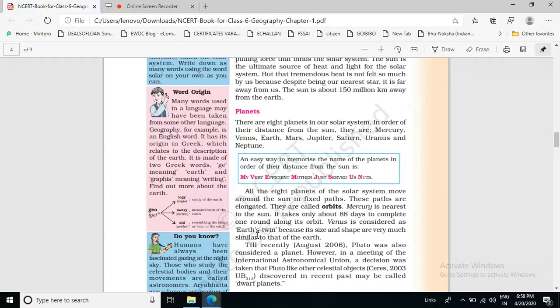Okay, you must have seen twin brothers or twin sisters, they have the same size and shape. So in that way, Venus is called Earth's twin.